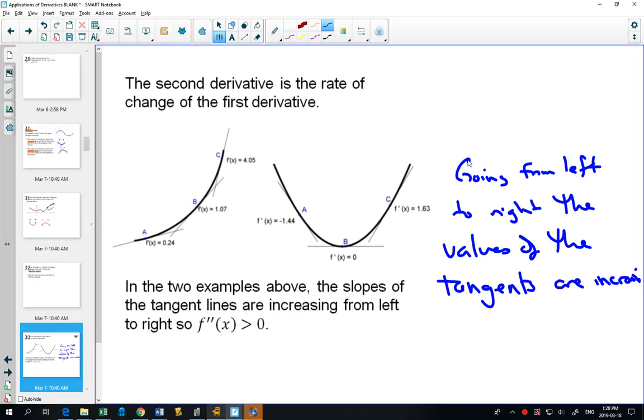And if the tangents are increasing, we'll have that things are concave up. So what's going to happen is we're going to do something very similar to what we did with our first derivative and our sign diagram to find out concavity. So here, going from left to right, the values of the tangents are increasing.